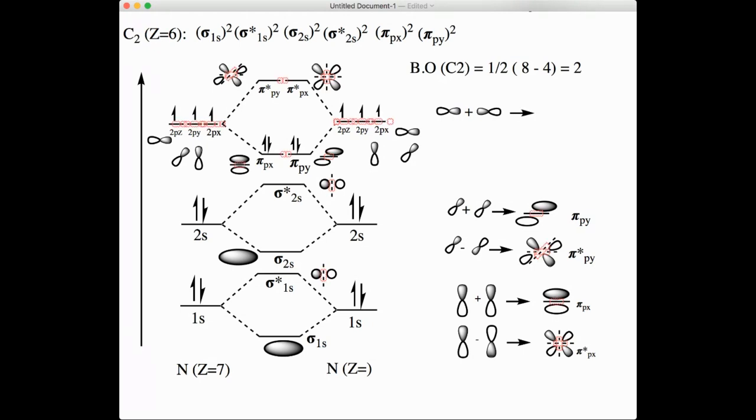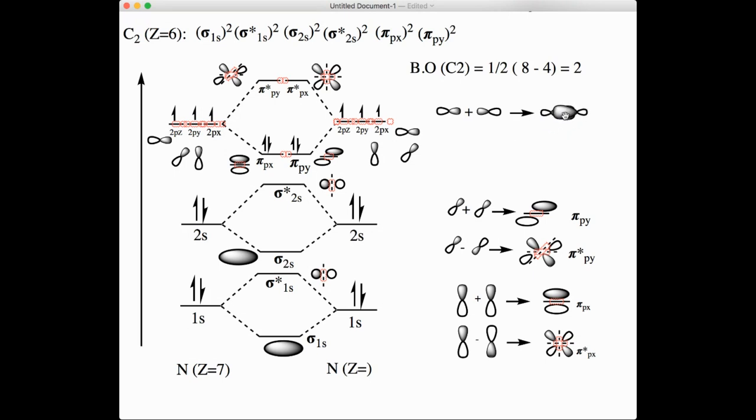Let me see how I can do this. It could look pretty much like this.